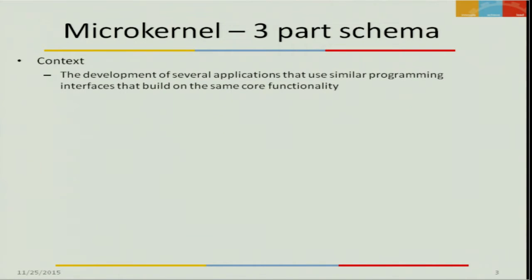The context here is the development of several applications that use similar programming interfaces and need to build on the same core functionality. So there are many applications that need to use the same kind of programming interfaces, and through these interfaces interact with a core functionality. There is a core functionality, and there are several applications that need to interact with it.